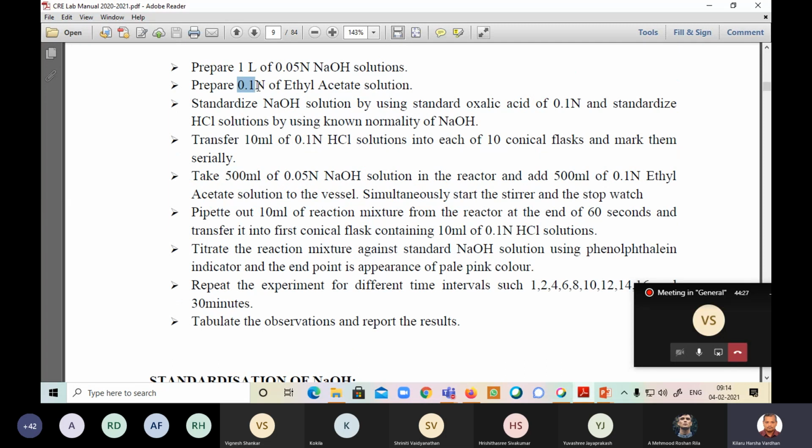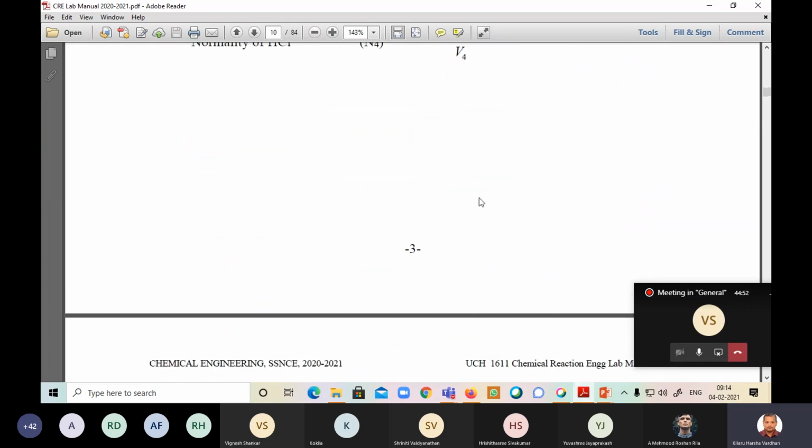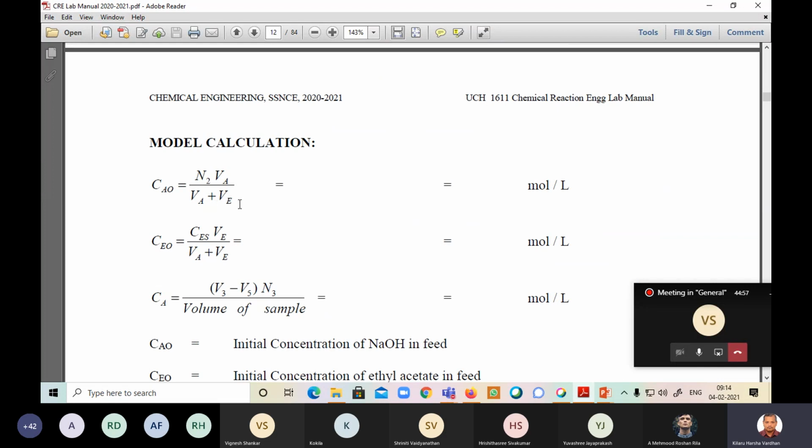What is the normality which you are taking? Based on that, you take these values. Some data sets may be using 500, some 300, because we are changing the procedure from different books. In the previous procedure we had 300 of this and 400 of this, so your VA and VE will change.